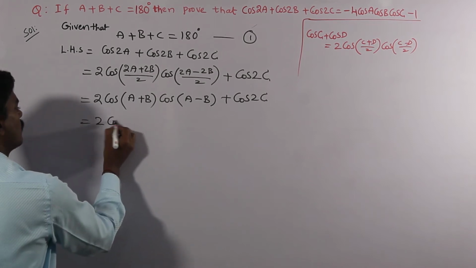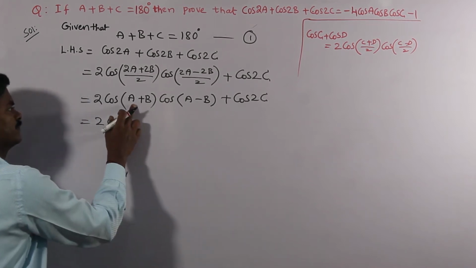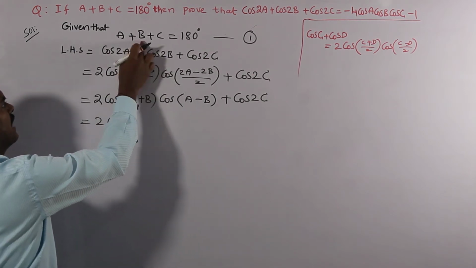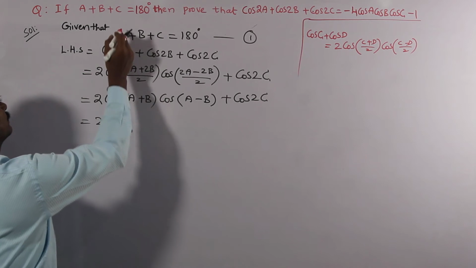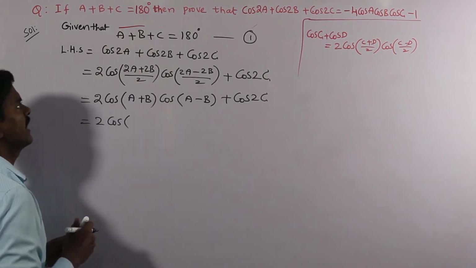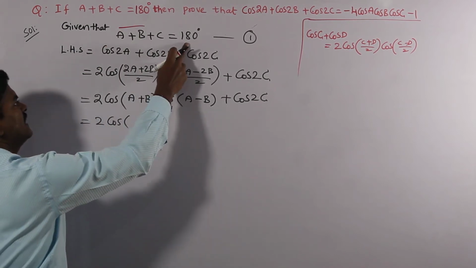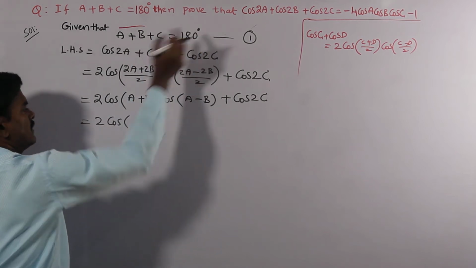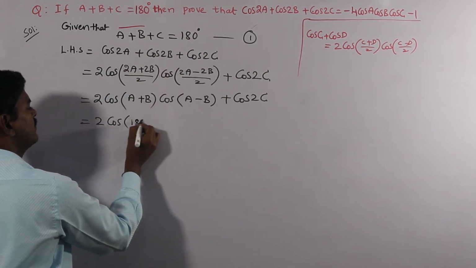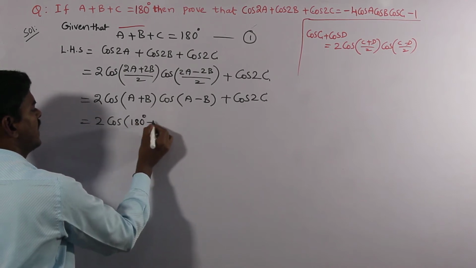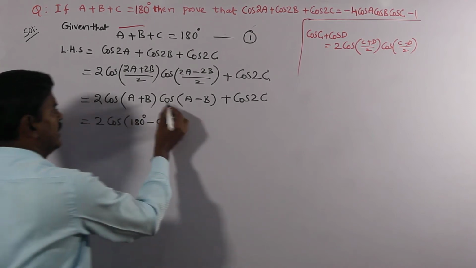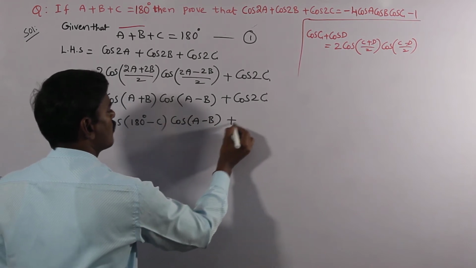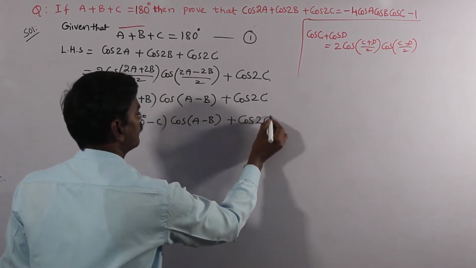Now replace a plus b using equation 1. A plus b can be replaced with 180 degrees minus c, since c on shifting becomes minus c. So 2 cos of (180 degrees minus c) into cos of (a minus b) as it is, plus cos 2c also same.